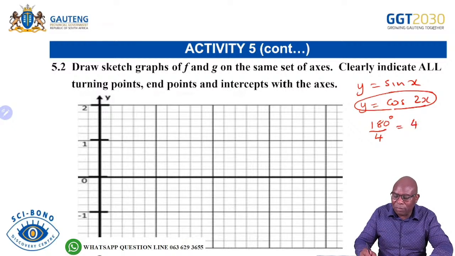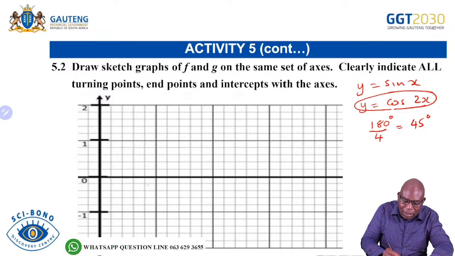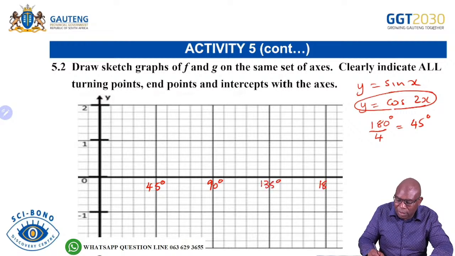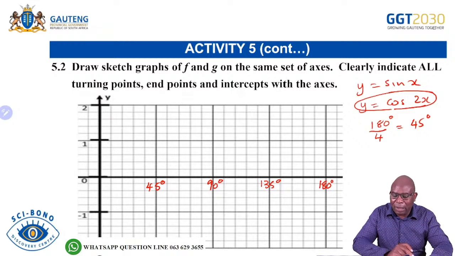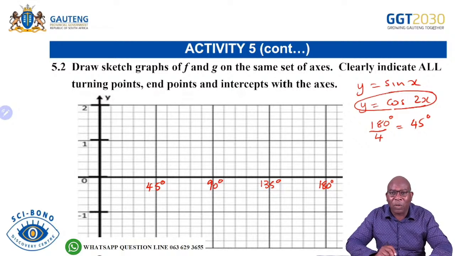Then I'm going to have 45 degrees. It means that my intervals there are going to be 45, 90 degrees, 135, 180 degrees. See how we do it, so that we don't put 90, 180, 270, because now our graph there will end at 280 degrees.